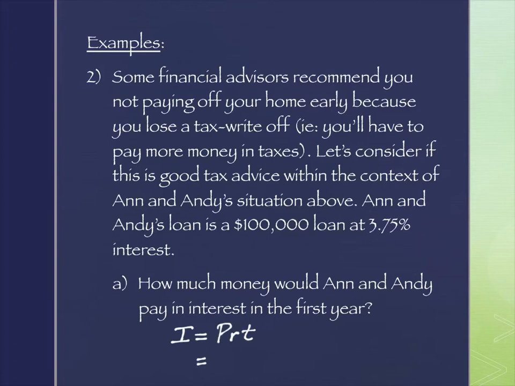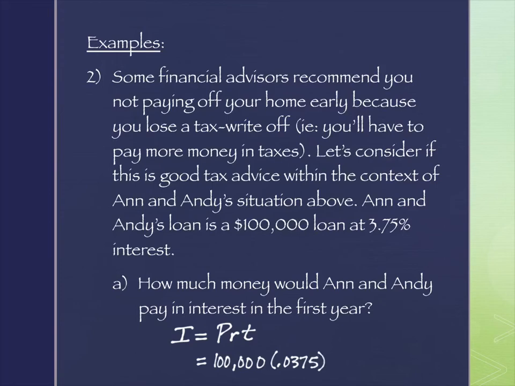PRT. Now, this is not exactly perfect because what we really should do is look at an amortization schedule, and the interest changes slightly every month. But this is a very nice approximation to at least judge the accuracy of this statement, which is what we're looking at right now. So it's a $100,000 loan. The interest rate is 0.0375.